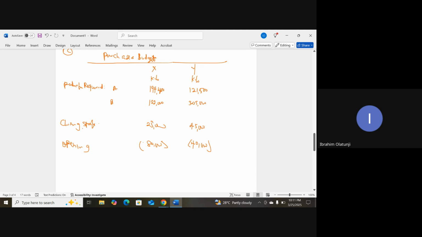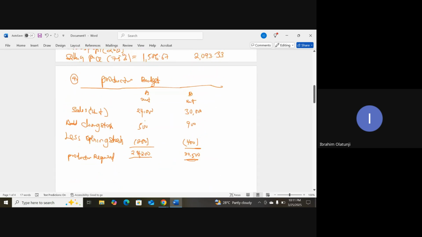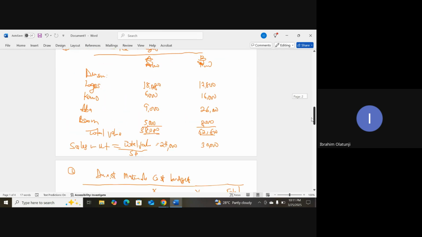Then I add closing stock of raw material, not finished goods, then I less opening stock of raw material.